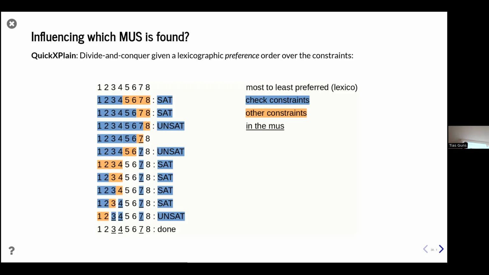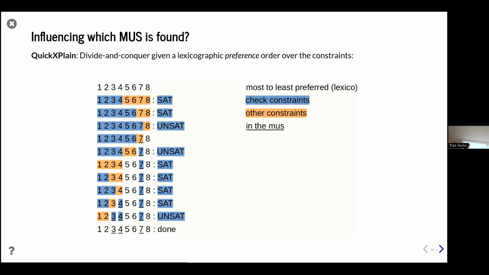Initially it takes just the first half, the one that you really want, and asks, are these unsatisfiable? If the answer is yes, you can throw away half of your constraints. That would be great, but the example is contrived and it's not so great. So it tells you no, you know that you need at least one of those.